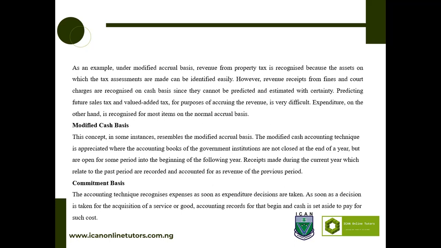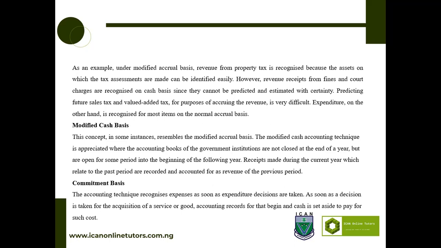The modified cash accounting technique is where the recording of transactions in the books of accounts of the government is not closed at the end of the year, but is open for some period into the beginning of the following year. What does this imply? This is not a cash basis, and it is not an accrual basis, but it gives room for the books of accounts in government to be left open for a specific period before closing the books.